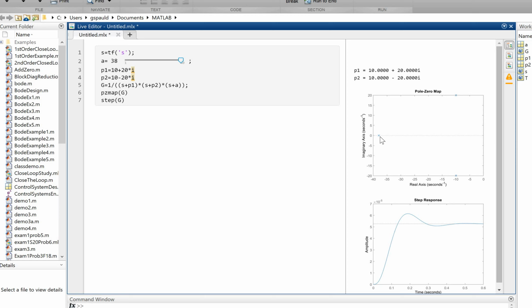And so I would think I would have just a first order system, but what I actually end up with is a first order overlaid with a second order, and so I can't ignore the second order anymore.